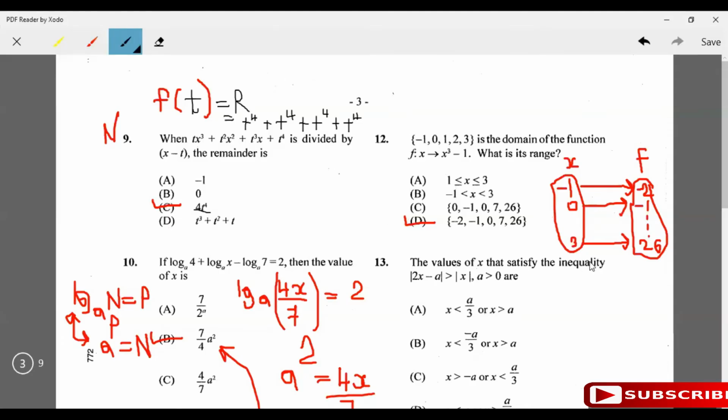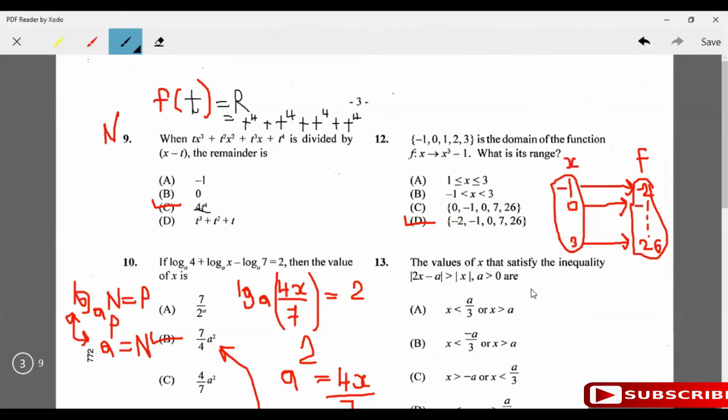Question 13 is asking us to find the values of x that are going to satisfy this inequality. To do that, what we need to do first and foremost is square both sides. Whenever you have a modulus, you square both sides to get rid of the modulus.